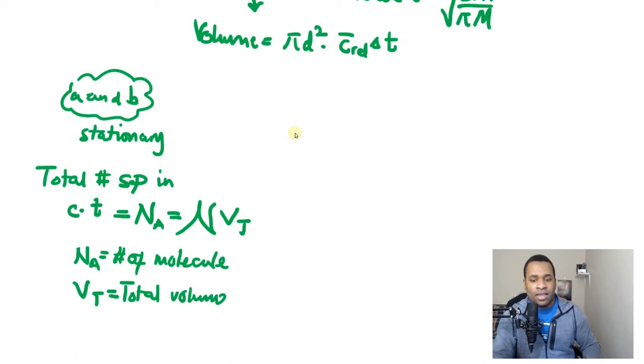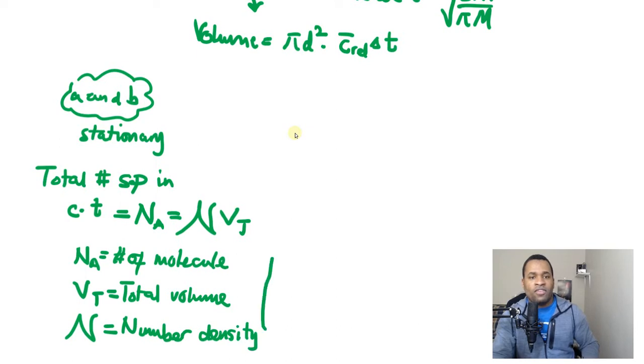And next we need to define what this particular symbol is, and this symbol actually represents the number density, and the number density is equal to the number of particles divided by the volume.